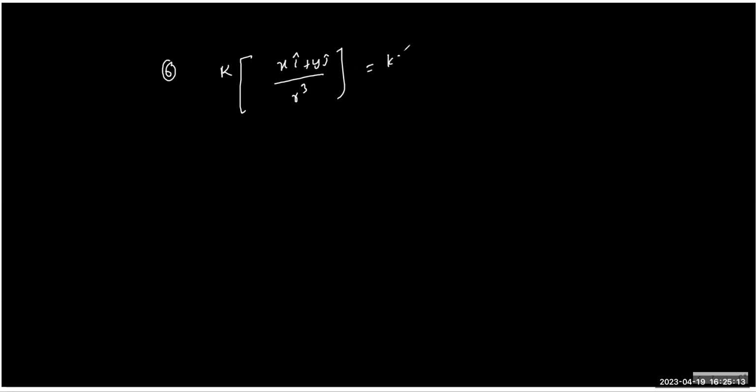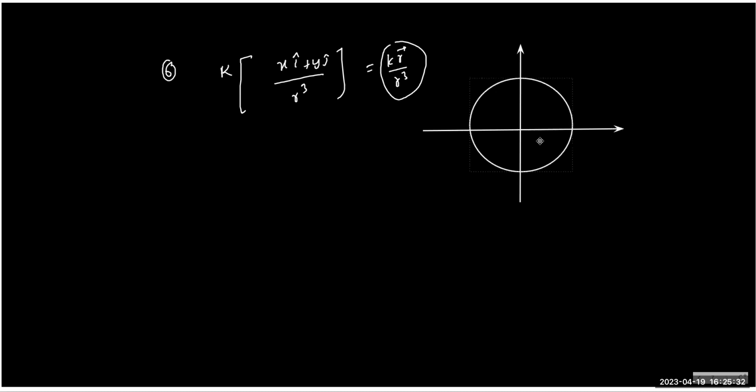If the force is always radial, then in a circular orbit the direction of force and displacement will always be mutually perpendicular. And you are moving this way. What is the force and displacement?